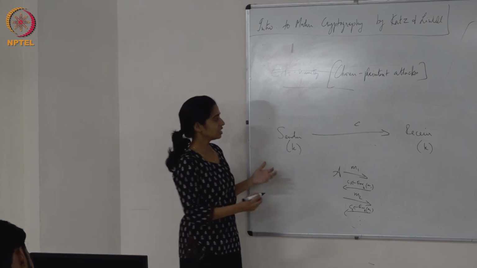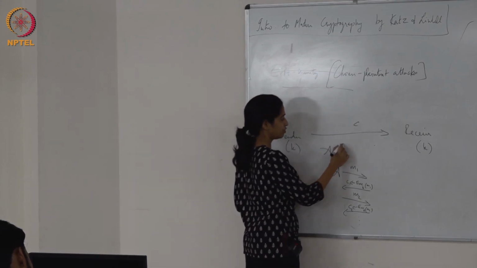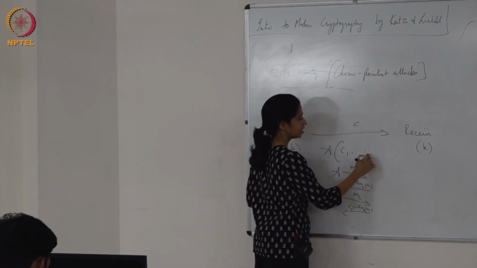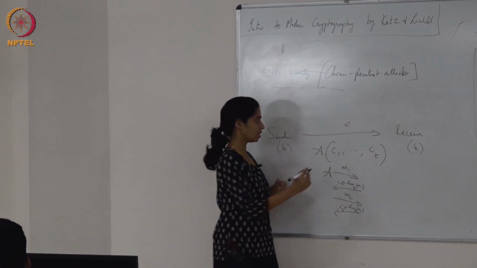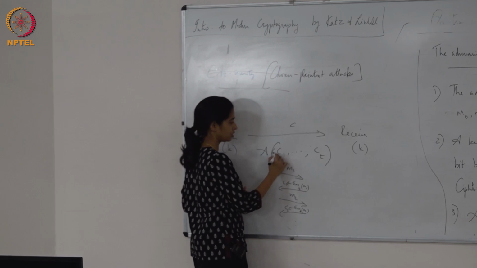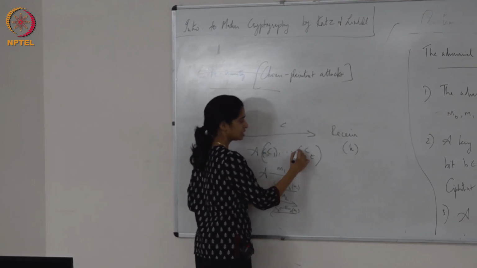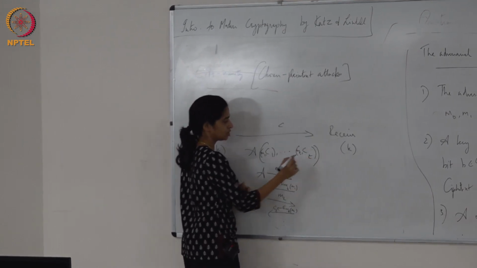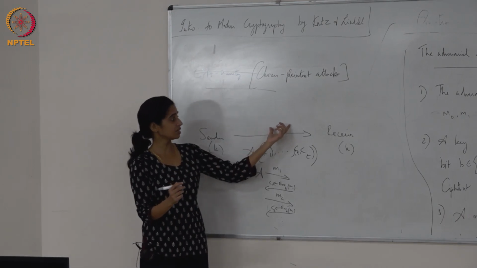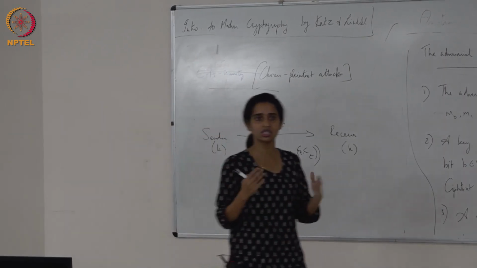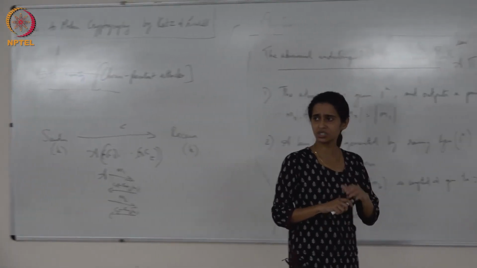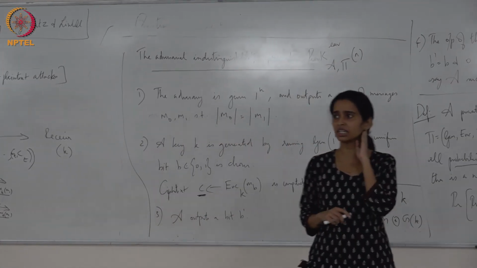Essentially, the adversary maybe has knowledge of some C1 through CT, where C1 corresponds to the ciphertext of M1, and so on up to CT, and is still observing some C and should not be able to tell what the underlying message of C is. Okay, so this is the chosen plaintext attack. So informally, is the setting clear?